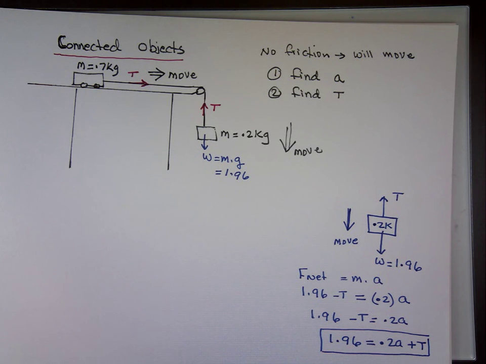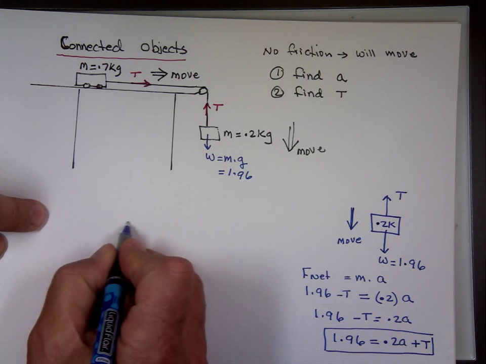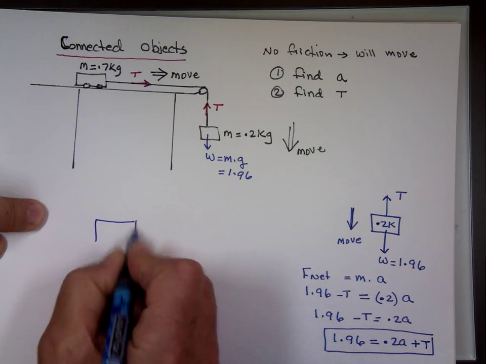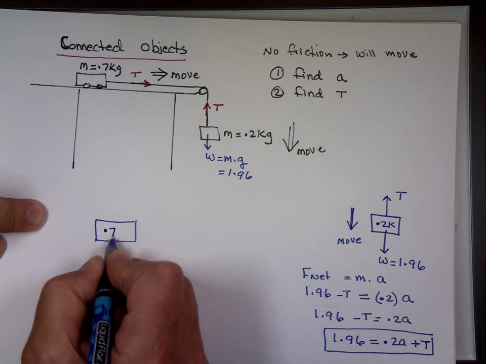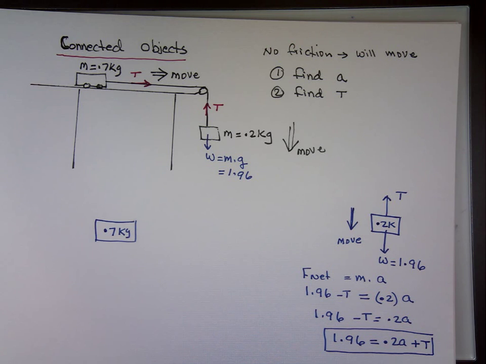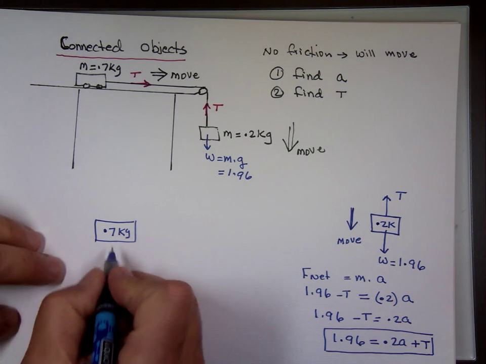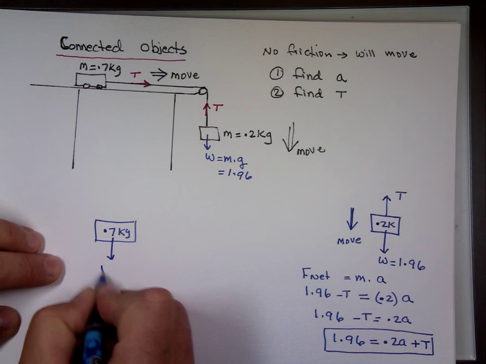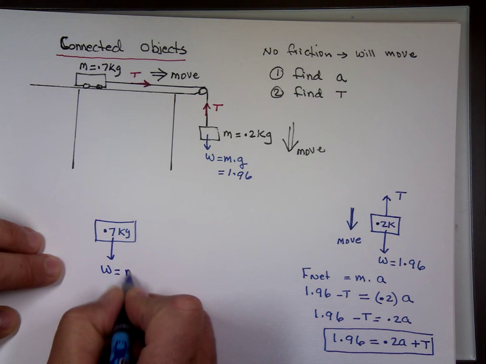Let's look at the 0.7 kilogram, the glider on the top there. Let's write all the forces on it. What do we have for forces? We have the weight down, which is mass times gravity.